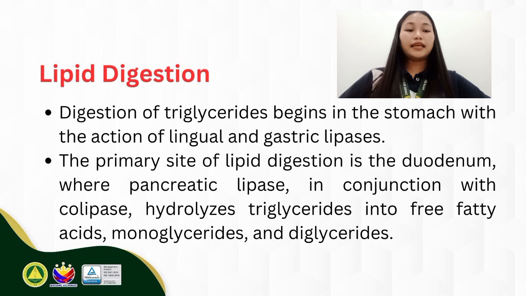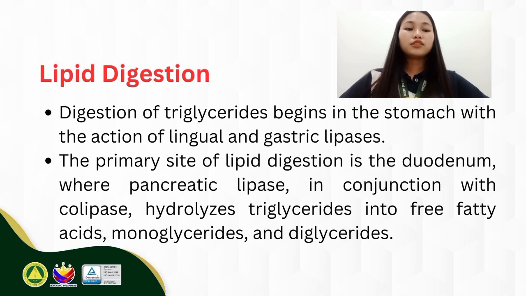Lastly is the lipid digestion. In here, the digestion of triglycerides begins in the stomach with the action of lingual and gastric lipases. The primary site of lipid digestion is the duodenum, where pancreatic lipase in conjunction with colipase hydrolyzes triglycerides into free fatty acids, monoglycerides, and diglycerides.